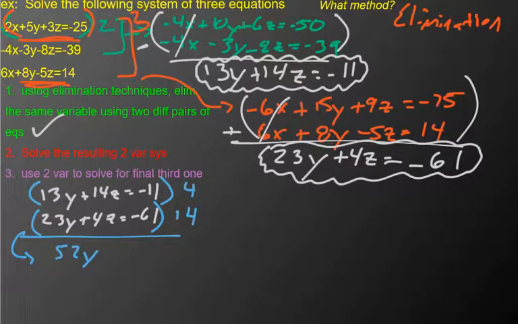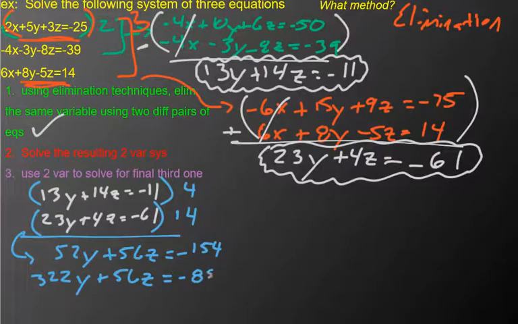So the first equation would become 52y plus 56z minus 154, and the second equation would become 322y, 56z, and negative 854.